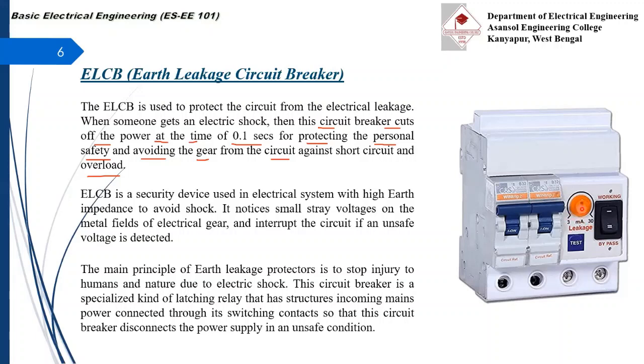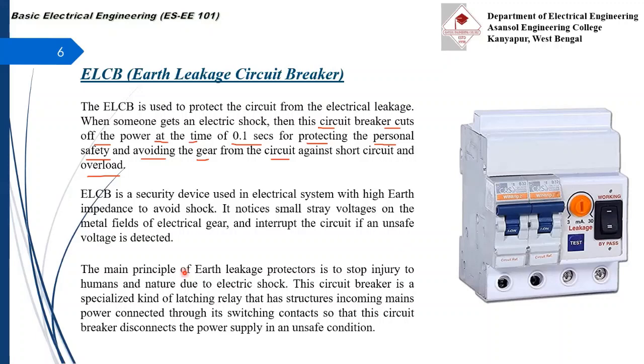So if you rotate this knob to this point, suppose this is your 7 milliampere, then if the system is leaking up to 7 milliampere, the earth leakage current is present, then it will trip. Now we can test this device without connecting it into the circuit.